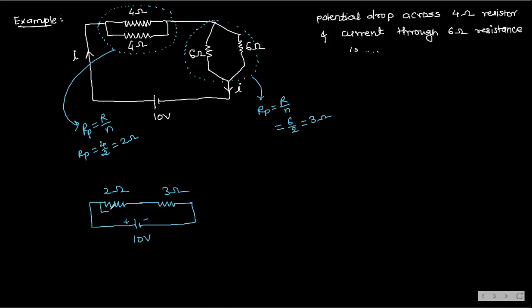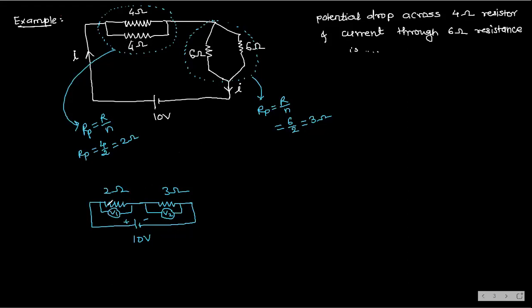Across this, whatever potential drop is there, that is your V1, and across this, whatever potential drop is there, that is V2. Definitely this V2 means across both 6 ohm resistors, same potential you will get. And V1 means across this 4 and 4, same only.